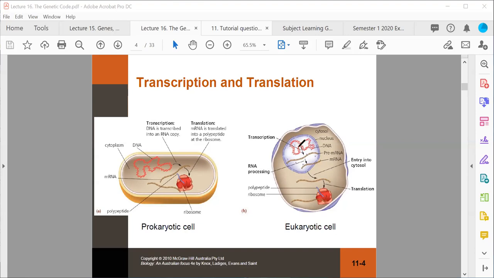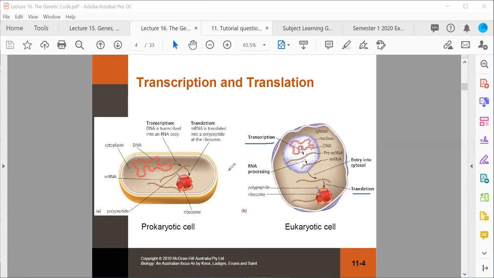Let's go back again. So when we go from the gene in the DNA to a complementary strand of RNA, this part of the gene expression process is called transcription. Then when we go from the code in the RNA to a polypeptide, this part of the gene expression process is called translation. Okay, transcription and translation, put them together and we have gene expression.